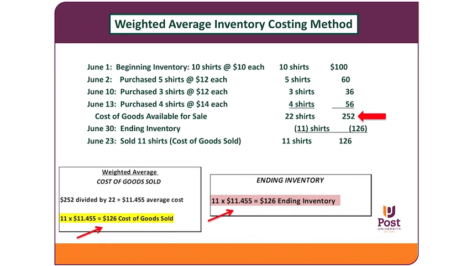In this example, since we sold 11 shirts, the cost of goods sold is 11 times $11.455, or $126. As we have 11 left, the ending inventory would be 11 times $11.455, or $126.